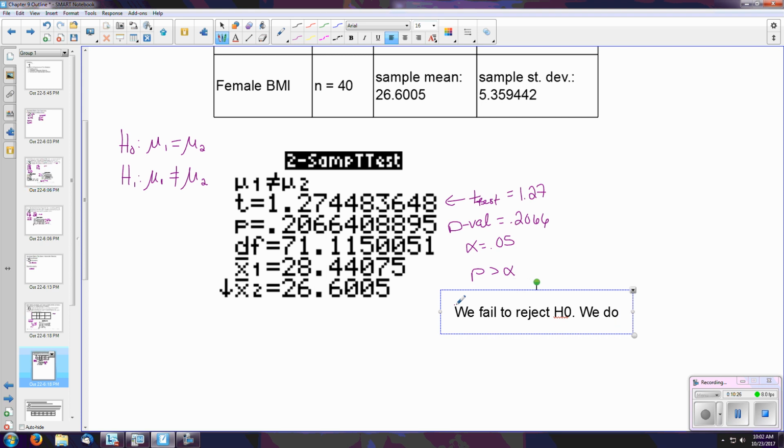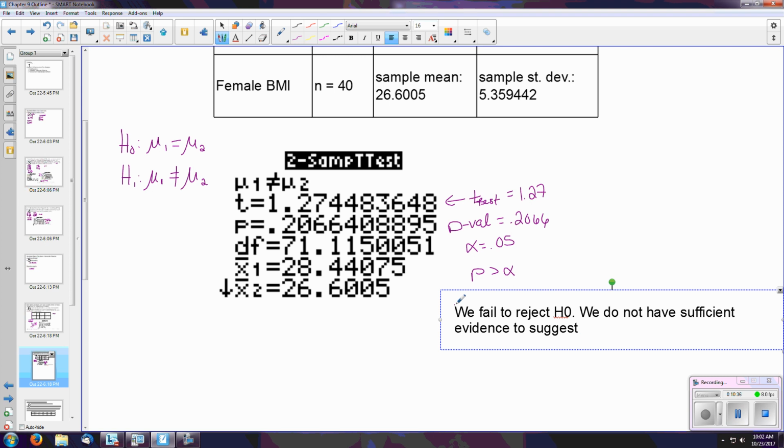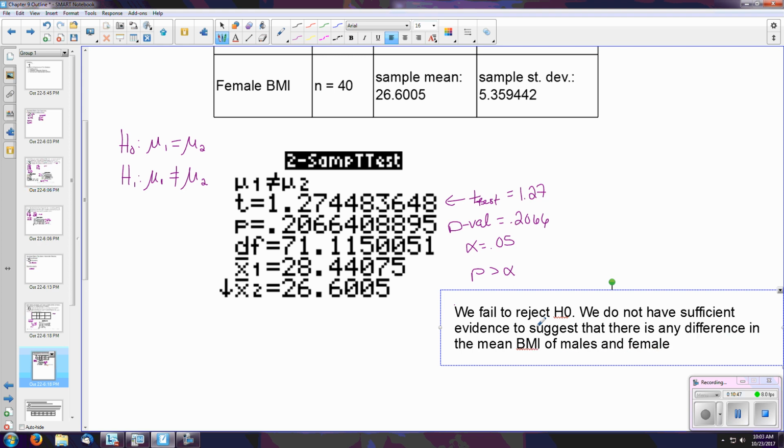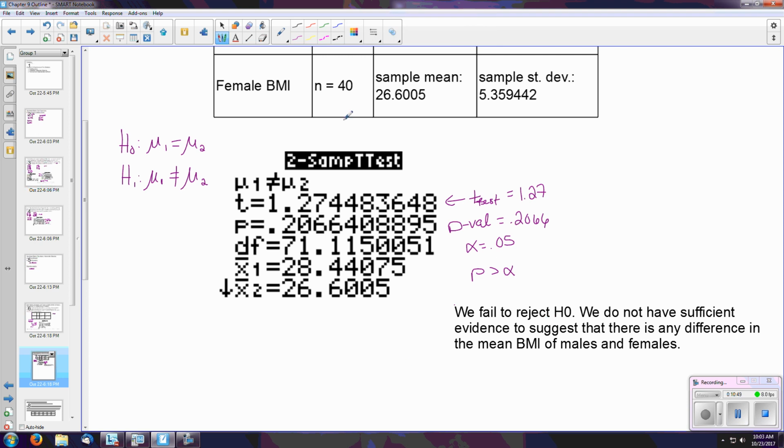In other words, we do not have sufficient evidence to suggest that there is any difference in the mean BMI of males and females, according to the sample information that we have tested.